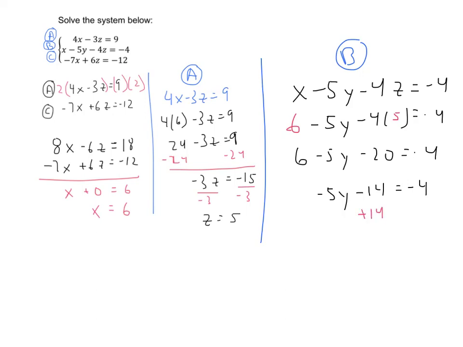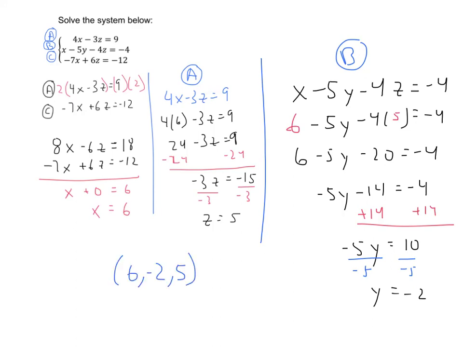I'm going to add 14 to both sides, and I get negative 5y is equal to 10. If I divide both sides by negative 5, I get my y value equal to negative 2. And there we have it. We have solved our system, and our answer is the ordered triple 6, negative 2, 5: my x value, my y value, and then my z value.